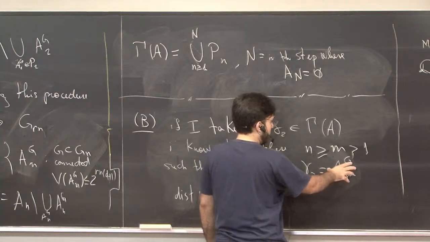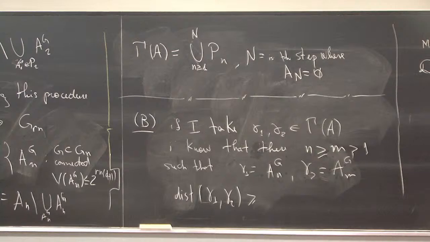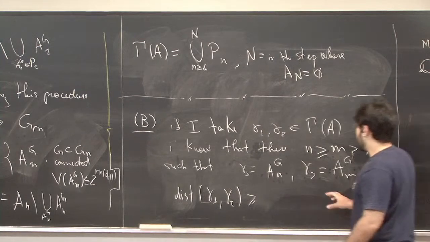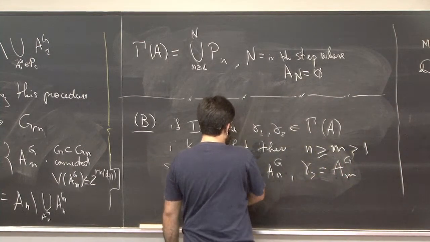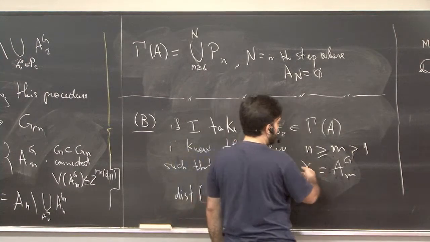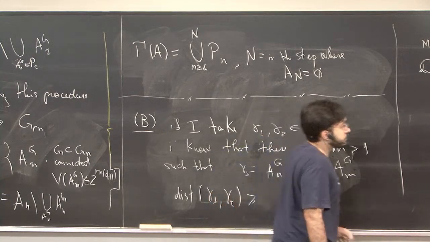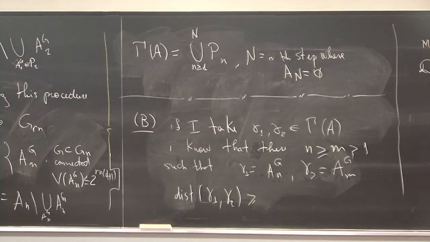And since by definition the edges are related to the distance, if they were not in the same connected component, any point in gamma 1 must be at a distance from the points in gamma 2 of at least this condition on the distance with respect to that scale.